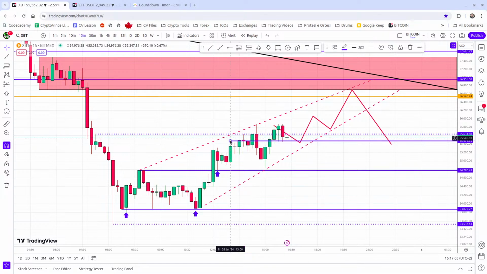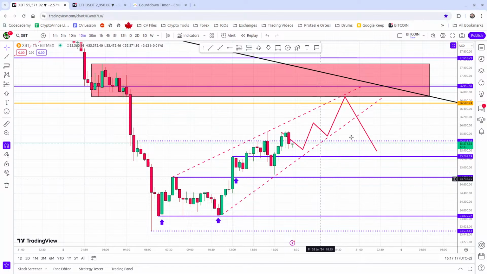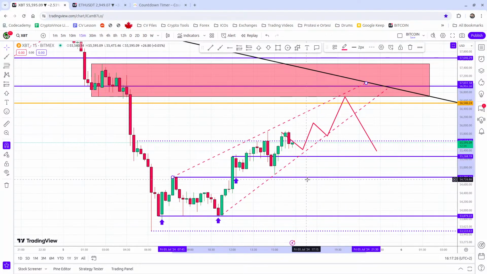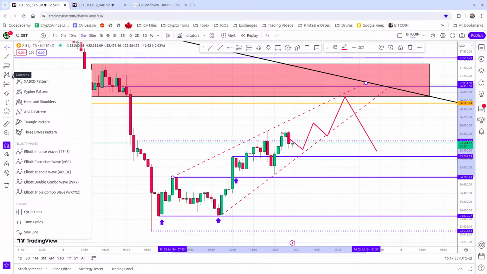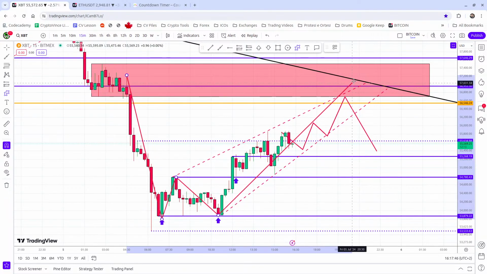It's kind of messy here. Yeah, I could complete a double top. This point. This would be a nice one. All the way up.